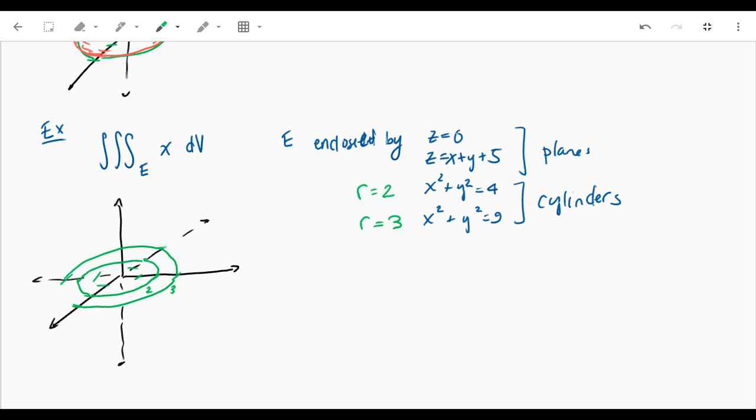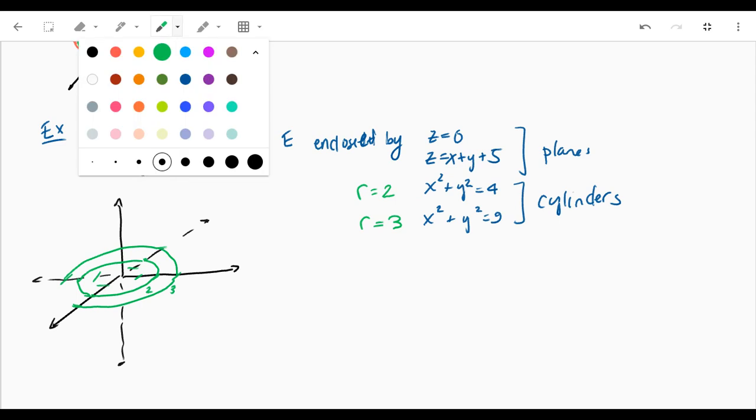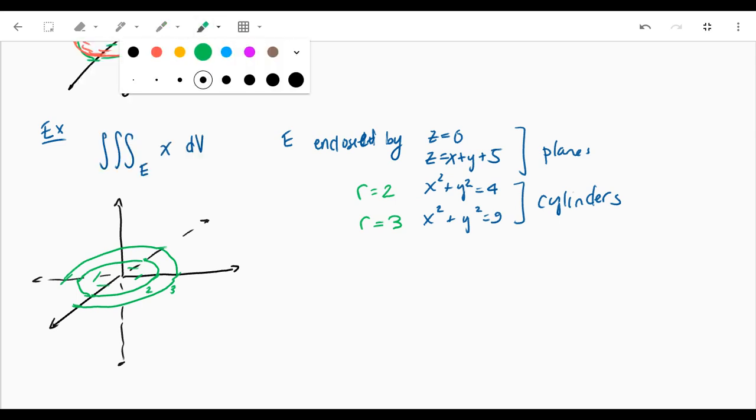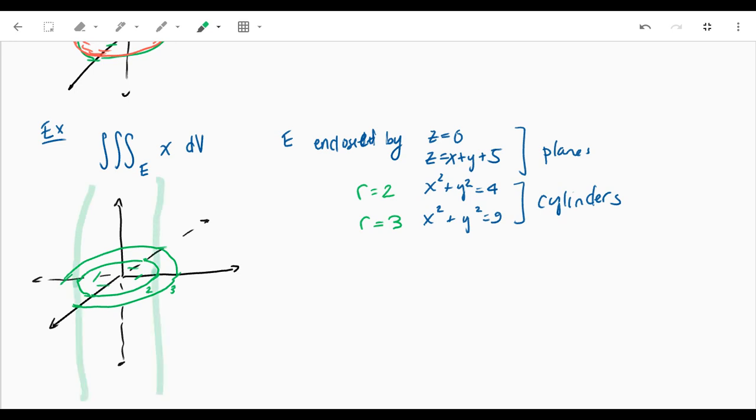And then we're cut off, right? You can imagine those cylinders going straight up and down. In fact, maybe I'll use my highlighter. I kind of like using that for the dashed lines. Imagine those cylinders just going straight up. I missed a piece in the fourth quadrant. Let me fix that for you quick.